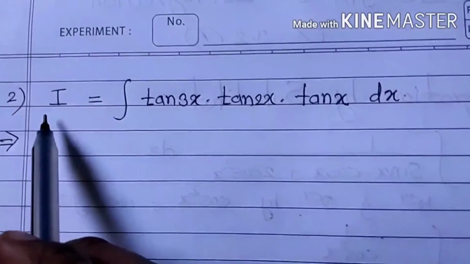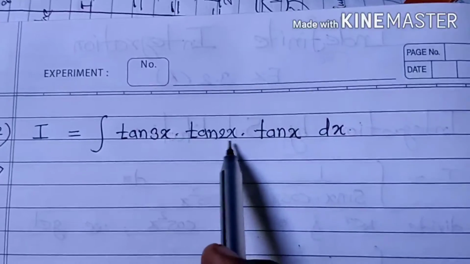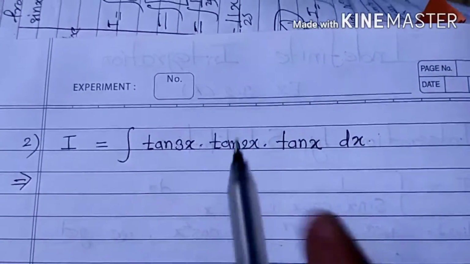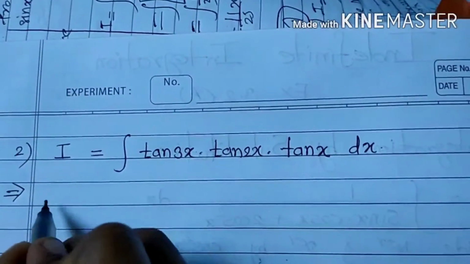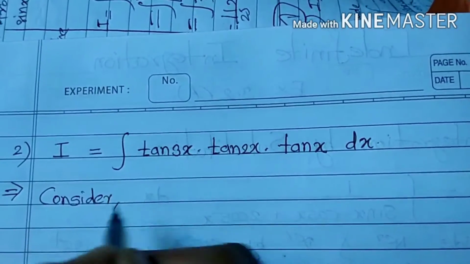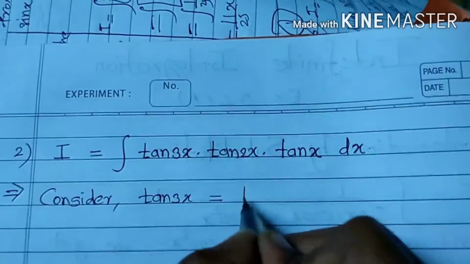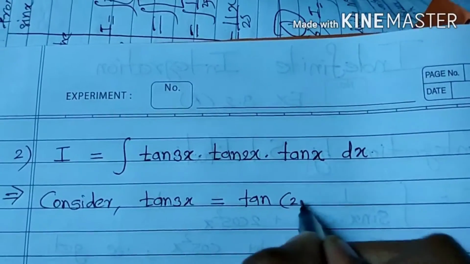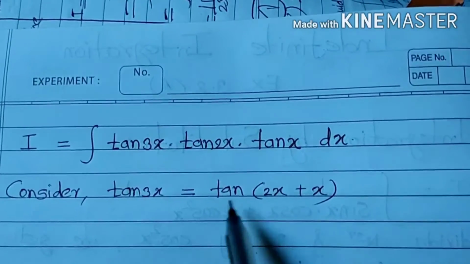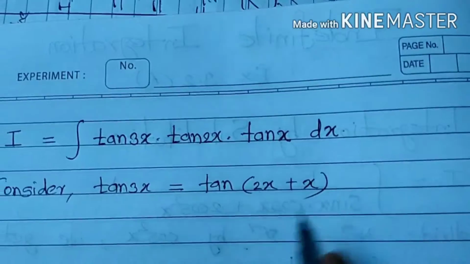Now next example is I is equal to integration of tan 3x into tan 2x into tan x dx. So first simplify it. Consider tan 3x is equal to tan of 2x plus x, since 3x is 2x plus x.